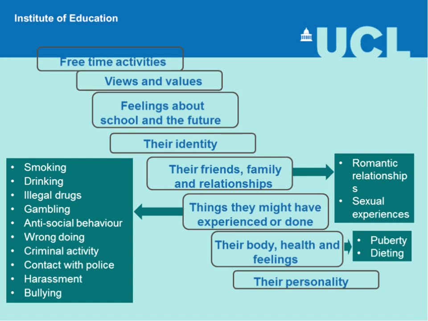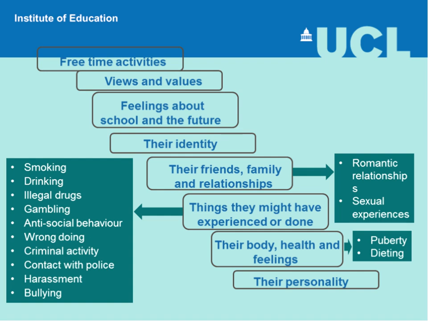And so we're asking an awful lot of questions about what they do in their activities, their views and their values, a lot of questions about their feelings about school and the future, including questions on whether they think they may go to university and how they feel, whether they'll stay on in education.